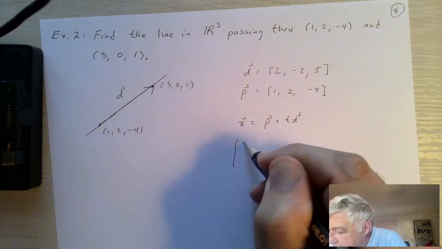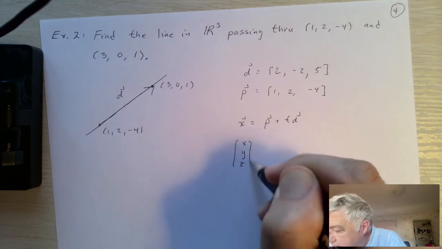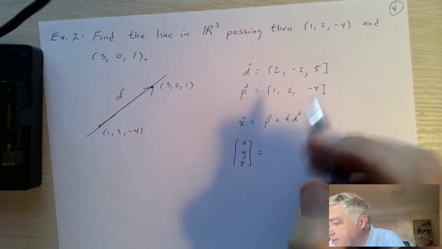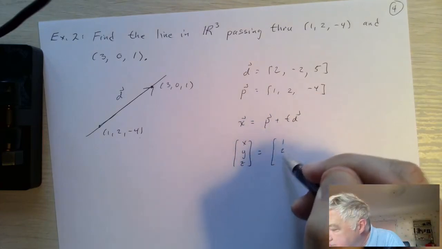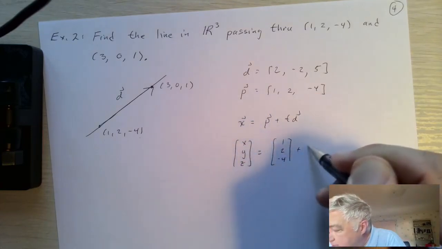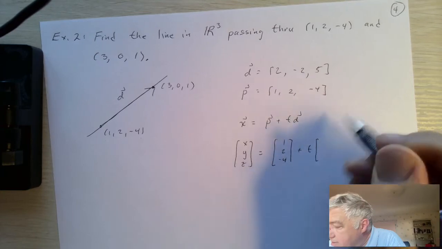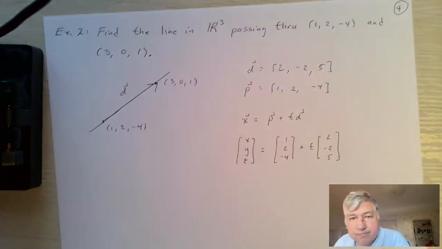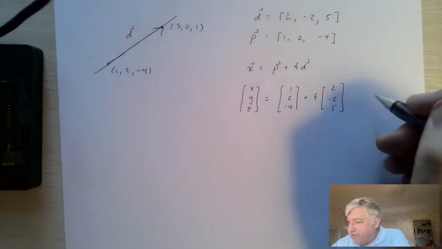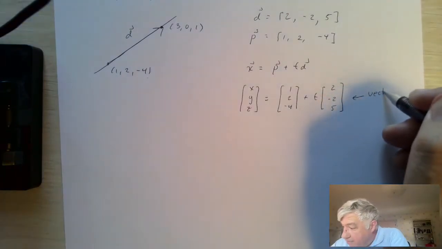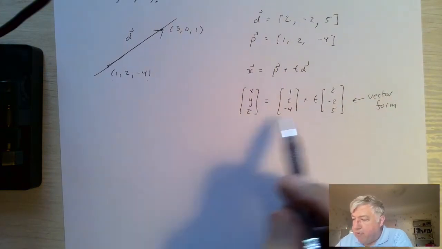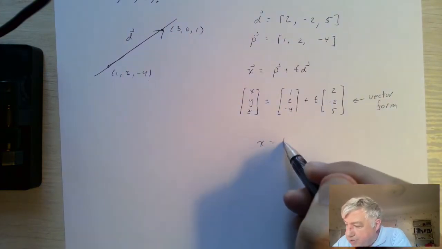So this is (x, y, z) equals P. So P is going to be, as we just said, (1, 2, -4) plus t times D, which is (2, -2, 5). Okay, that's the vector form. And then the parametric form would be the corresponding 3 equations.